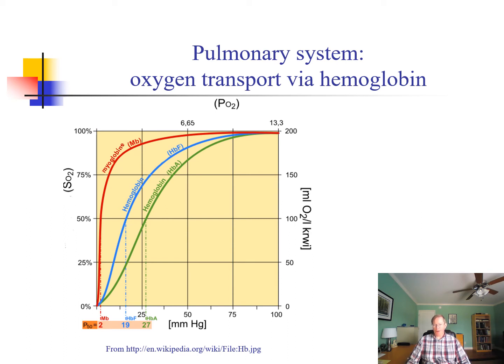I also show here a blue curve, which is for fetal hemoglobin, and you can see that exchange from mom, hemoglobin A, to child, hemoglobin fetal, is spontaneous also.